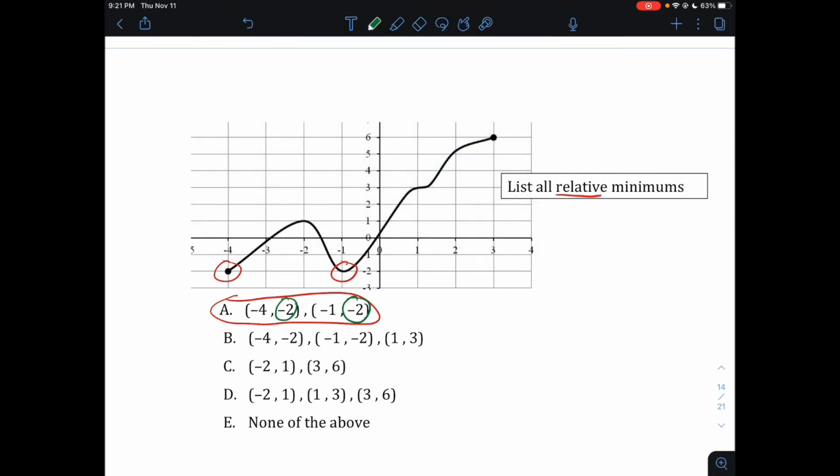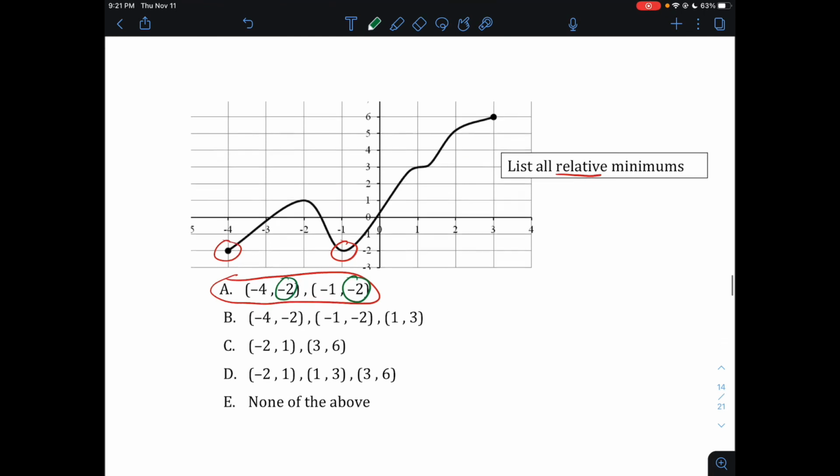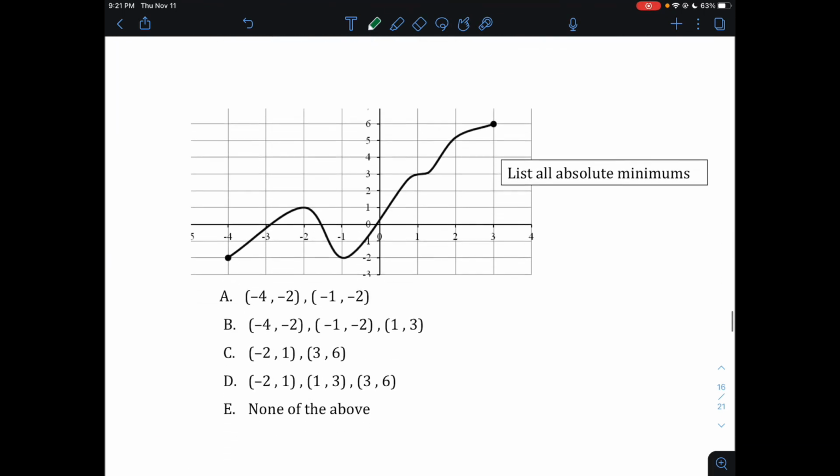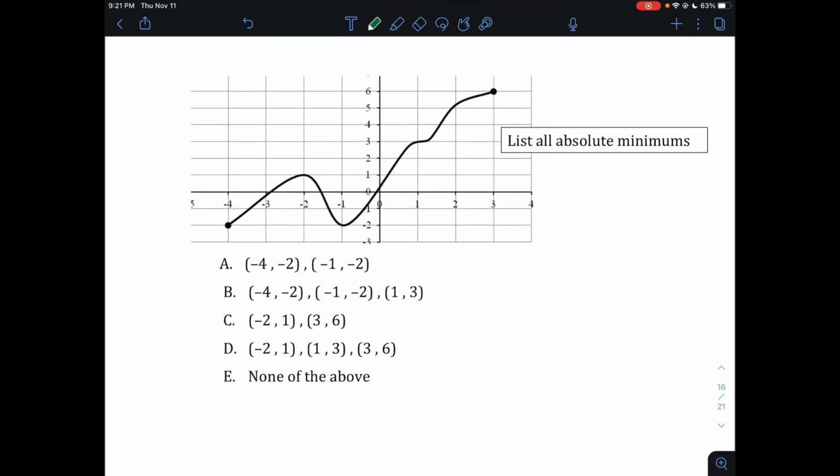And that's what we're looking for when we're thinking of a max or a min, the vertical value. So in this case, since it's the same vertical value, -2, that actually becomes the same answer for our absolute minimums because they reach the same lowest point. Neither one is lower than the other, so they are both considered absolute minimums.